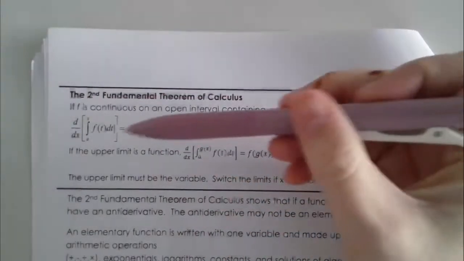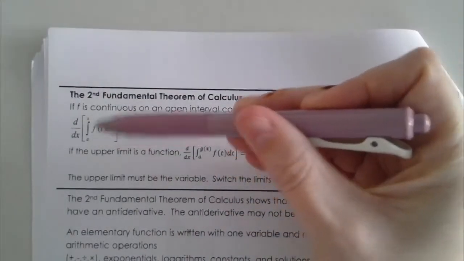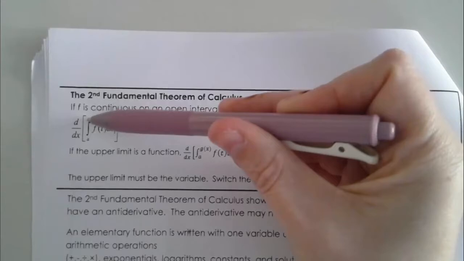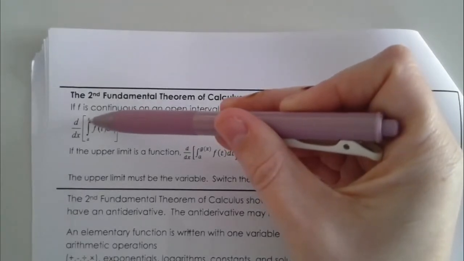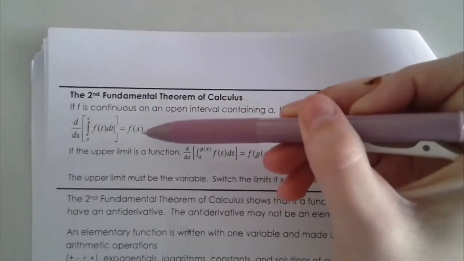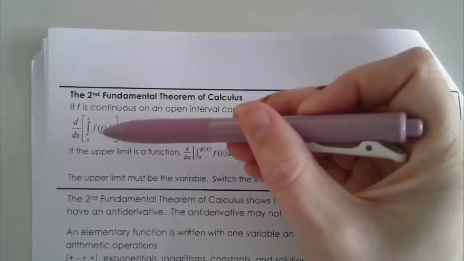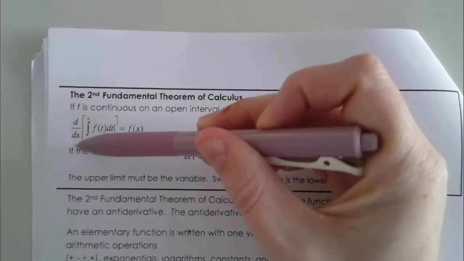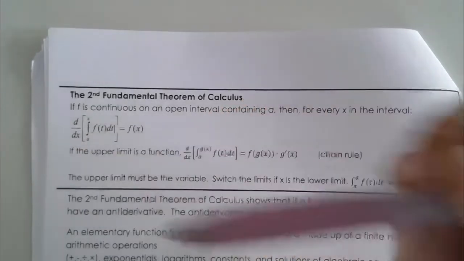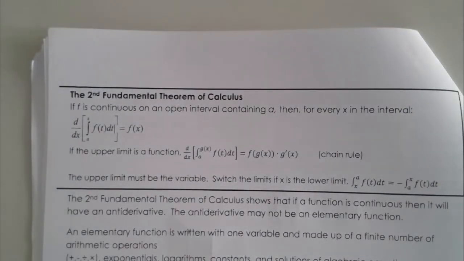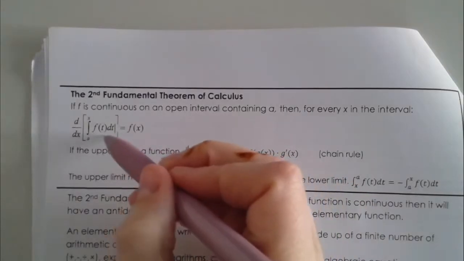So what you're going to want to see here is you've got a number on the bottom and then some value that is a variable on top. And basically we're just going to substitute the x into whatever function it is here. But the idea is that the derivative and the integral are opposite operations. So the function is this piece right here.